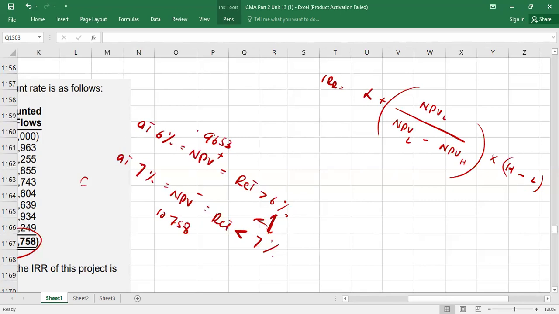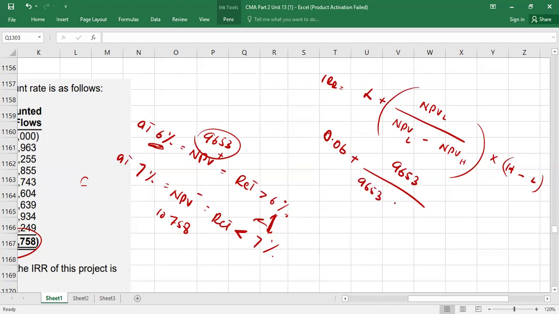So we'll apply the formula. For example, the lower cost of capital is 6% here, so 0.06, without the percentage. Plus NPV at lower, which is 9653, divided by NPV at lower 9653.